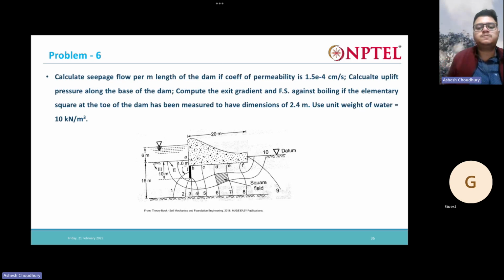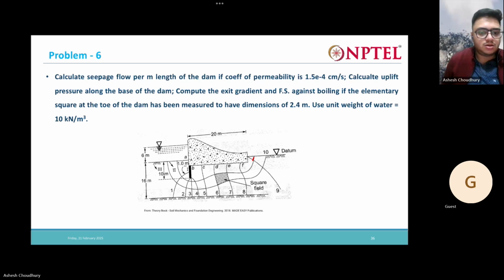Calculate uplift pressure along the base of the dam, compute the exit gradient and factor of safety against boiling if the elementary square at the top of the dam has been measured to have dimensions of 2 meter, 2.4 meter. The elementary square at the end of the dam has dimensions of 2.4 meter. Use unit weight of water as 10 kilonewton per meter cubed.